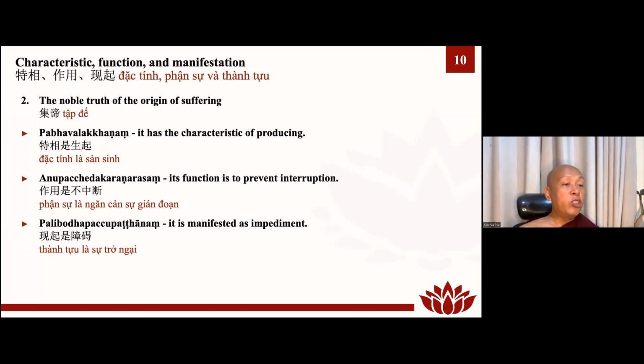Its function is to prevent interruption. So that means without any interruptions, it will cause namarupa to arise. Because of the power of the origin of suffering, namarupa arise continuously without any interruptions. Then palibodha paccupatthanam, it is manifested as impediment. We have talked about impediment before, right? It will prevent us from attaining nibbana.